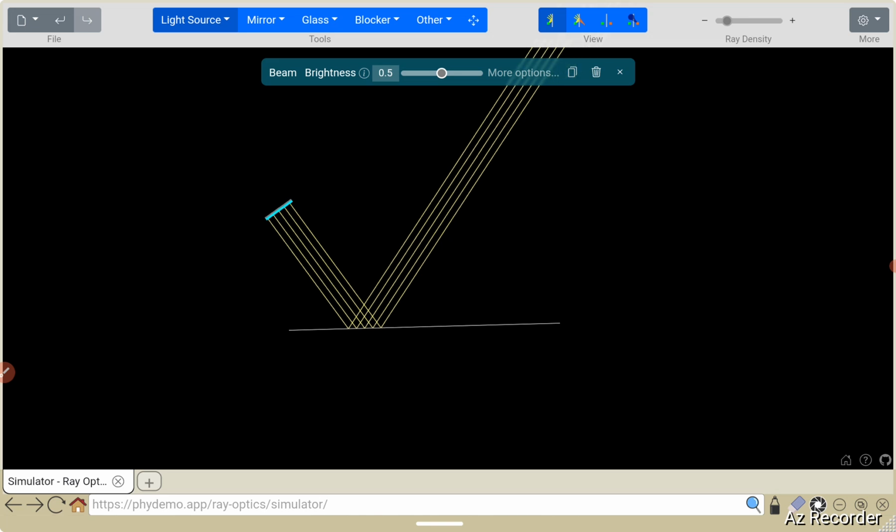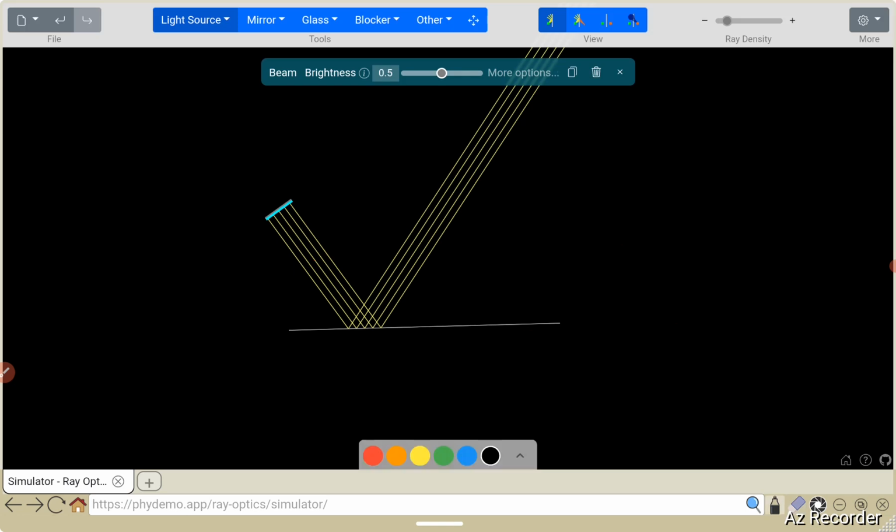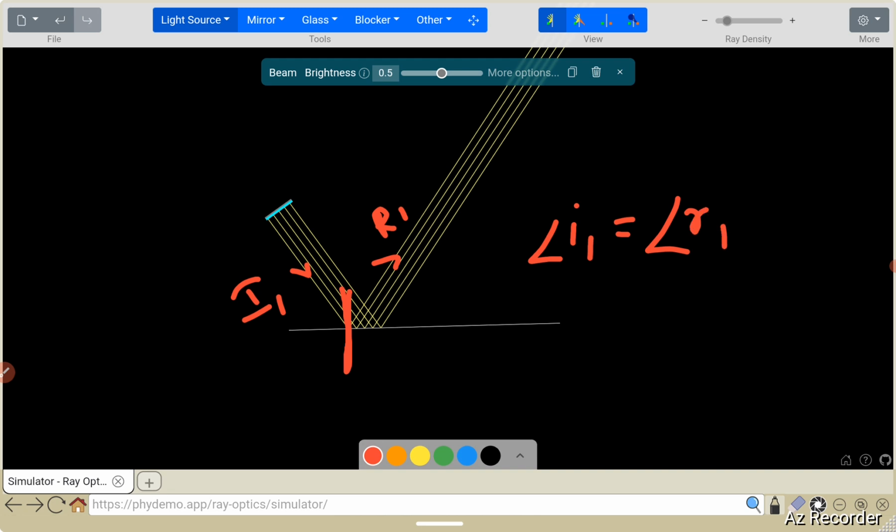Now if you measure the angle between the incident rays and reflected rays, this is I1 and this is R1, correct? Here you will have the normal. If you measure the angle, this I1 will be equal to R1. In the same way, this is the I2 ray and this is the R2 ray. If you measure the angles, angle I2 will be equal to angle R2.